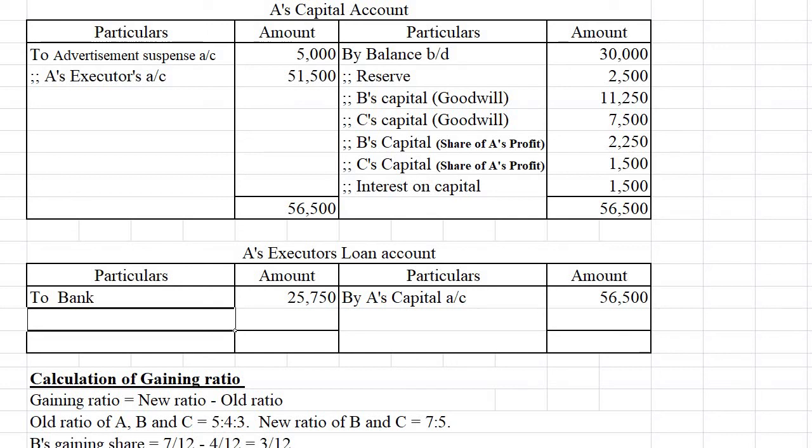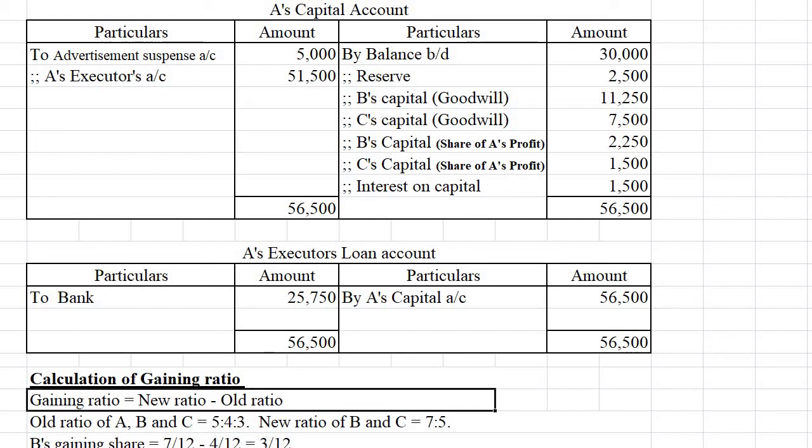That will be shown in the new balance sheet. Anyway, in this question we are not preparing the balance sheet. Okay, so let us see the total 56,500.